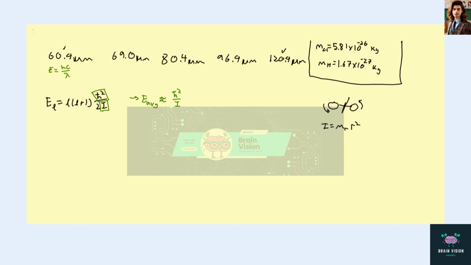You get an energy average of 0.410 times 10 to the minus 21 joules, and have this equal to h bar squared over I. Do a little shuffle, and you get that I, the moment of inertia, is 2.71 times 10 to the minus 47th power, and the units there are kilogram meters squared.